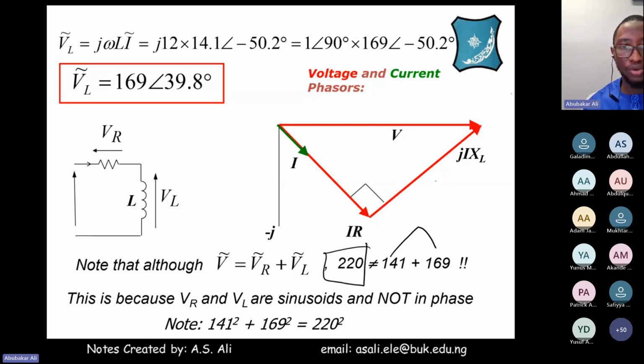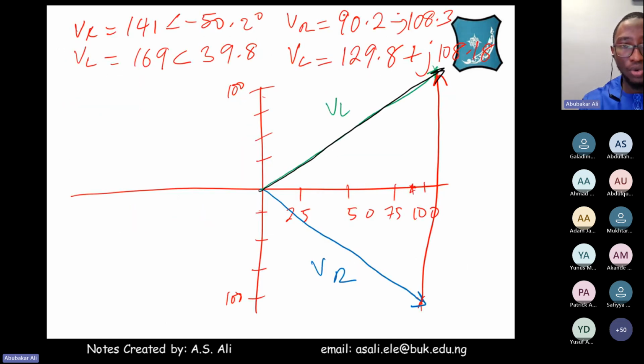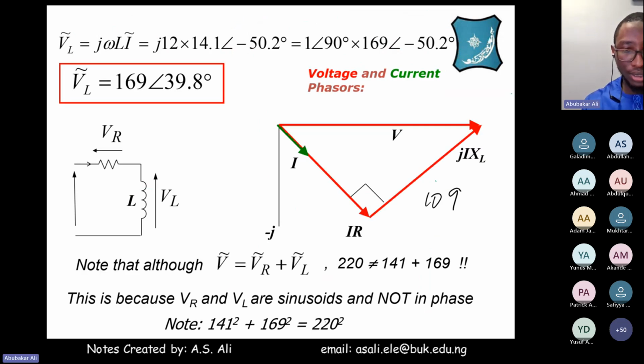But if we go ahead and convert it to Cartesian form, you will see the 129 that we got earlier plus the 90.2 we got here. If you add these two, you get 220. That's why we do the Cartesian. But in phasor form, if you add the values, 141 plus 169, this is not equal to 220.